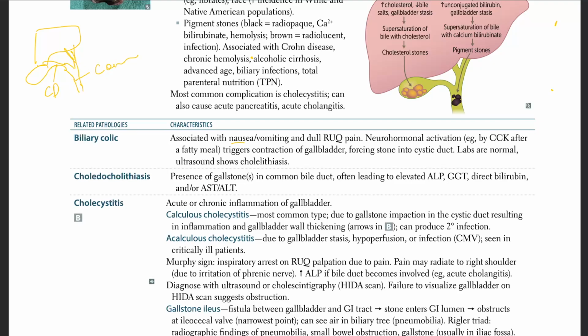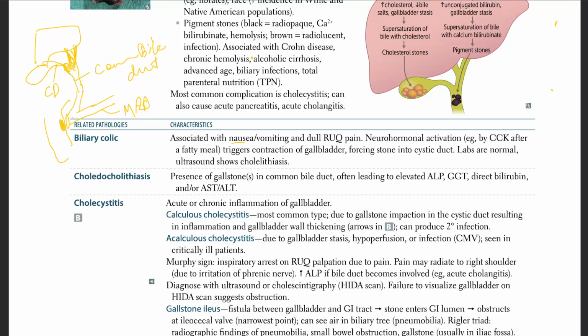Common bile duct. And that common bile duct eventually joins with the main pancreatic duct and empties into the second part of the duodenum.